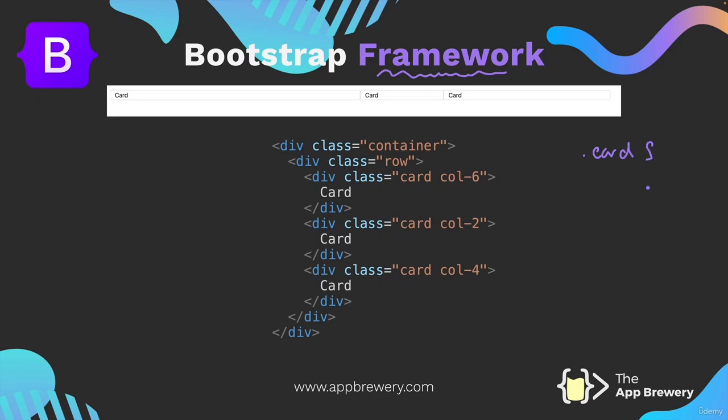They've written extensive amounts of CSS and put different rules for different selectors. For example, you could have something called card, something called row, and something called container. And these all point to some CSS code inside Bootstrap, which has predefined layout.